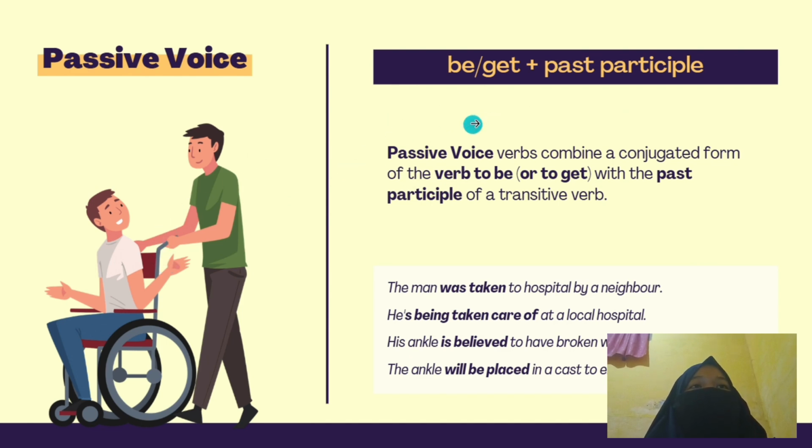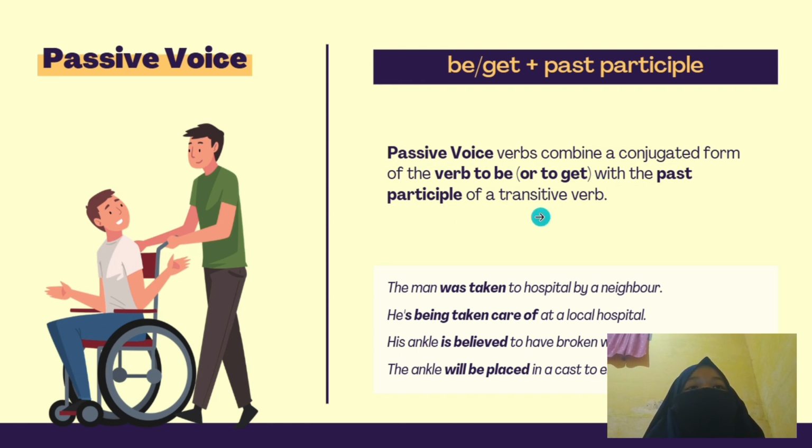Passive: the garbage is taken out every day. The passive combines the conjugated form of the verb to be or to get with the past participle of a transitive verb.